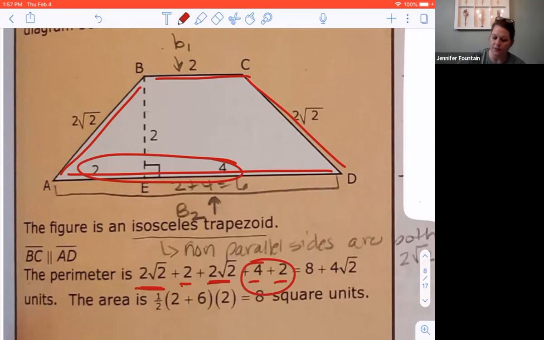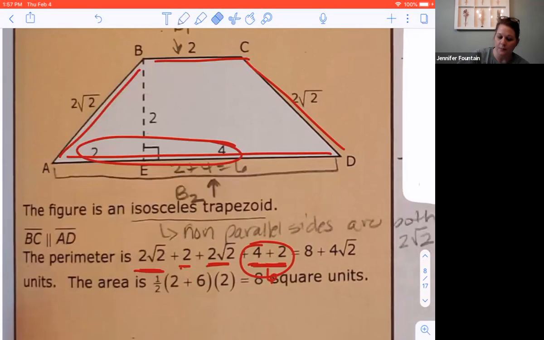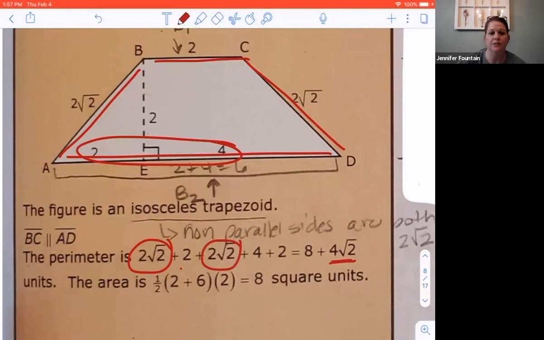They've got it separated as 4 and 2, or if you put it together as 6, same thing. So we're adding all of our sides together. So again, I can only combine like terms. So I've got 2 times the square root of 2 plus 2 times the square root of 2 is 4 times the square root of 2. And then 2 plus 4 plus 2, 2 plus 6 is 8. So I write that as 8 plus 4 times the square root of 2 units.